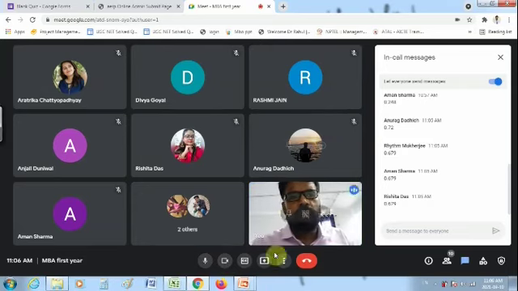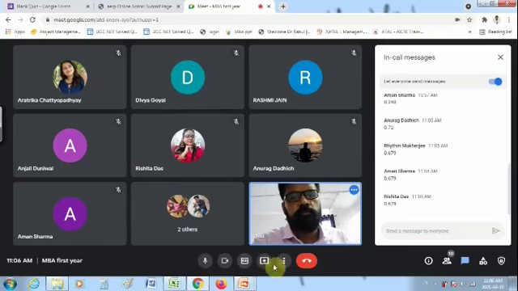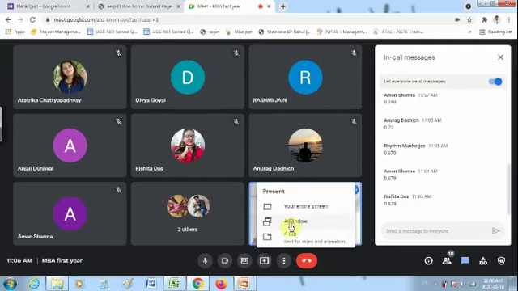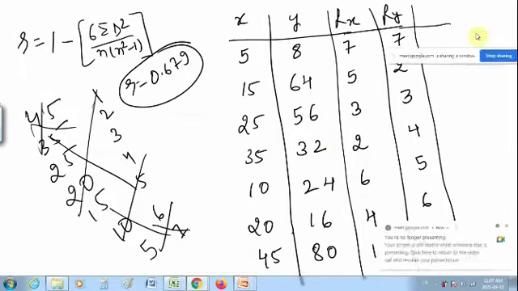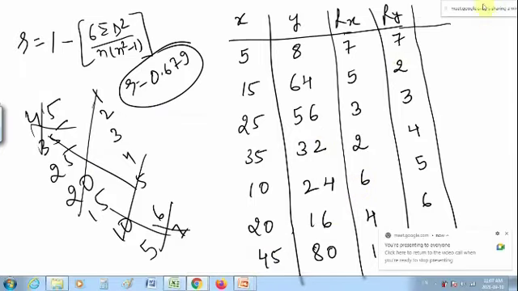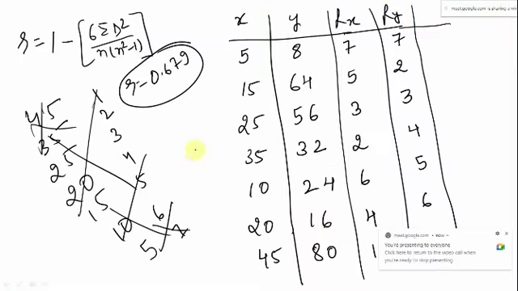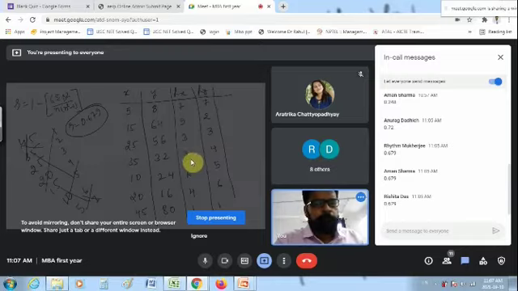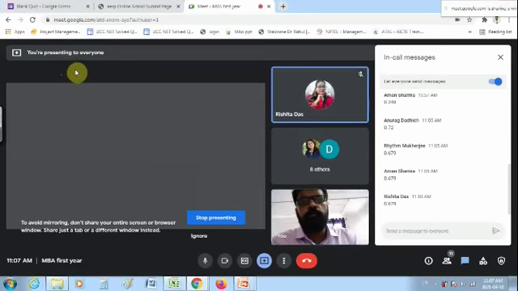Good, good. Why is the screen share lost? Is the screen visible now? Yes, sir. Okay.